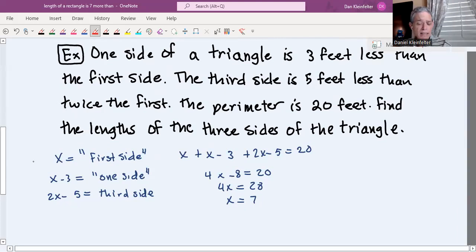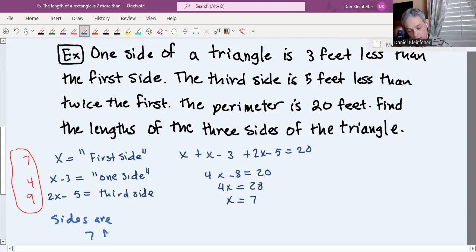We know that x is 7, that's the first side. x minus 3, 7 minus 3 is 4. 2 times 7 is 14, minus 5 is 9. So our three side lengths are 7, 4, and 9. Seven feet, 4 feet, and 9 feet.